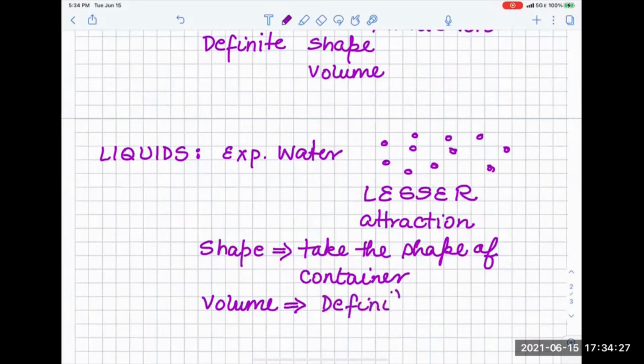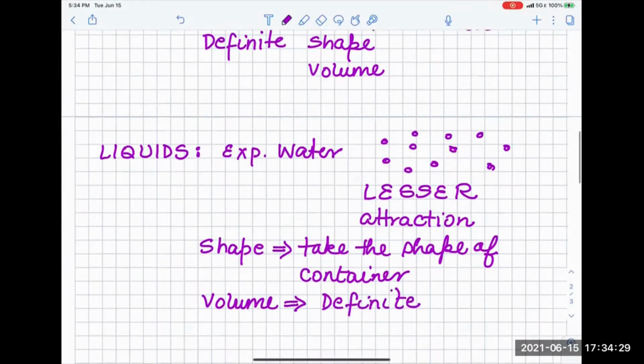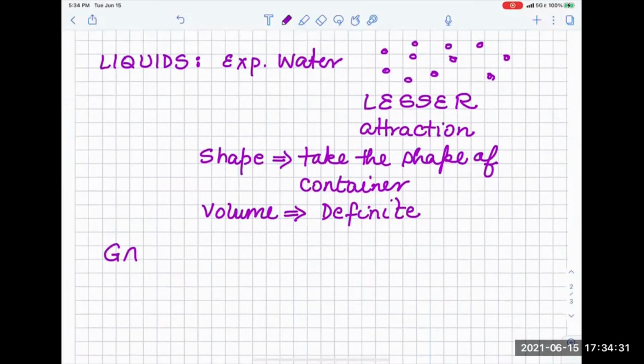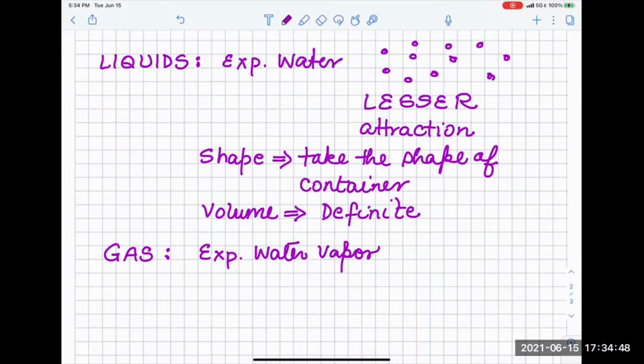Okay. Next is the gases. What's the deal with the gases? Example of gases? Water vapor. So water vapors are in nature. Where do you find water vapors? Like with fog or mist. Very good.